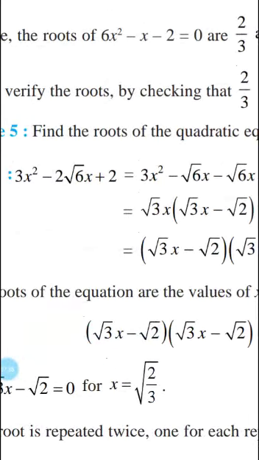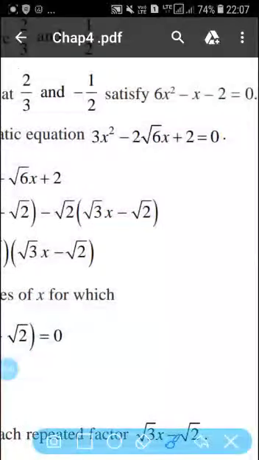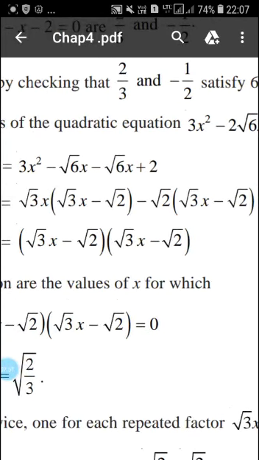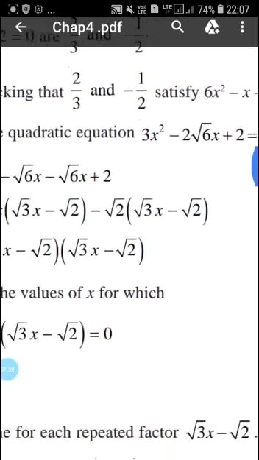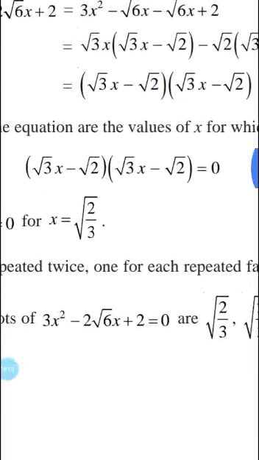Similarly, you try to find the roots of the quadratic equation 3x square minus 2 root 6x plus 2 is equal to 0. Just split the middle term by taking root 6x into root 6x, so it becomes 6, and 6 times 6 is 36. Then take the common factor, and after that you will get the value of x is equal to root 2 by 3.